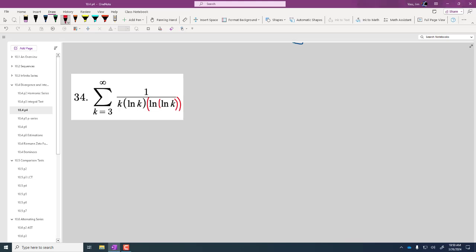Okay, so we're going to use the integral test here. We're going to say the limit as b goes to infinity of the integral from 3 to b, and if we switch over to x's, dx divided by x ln x times ln of x.